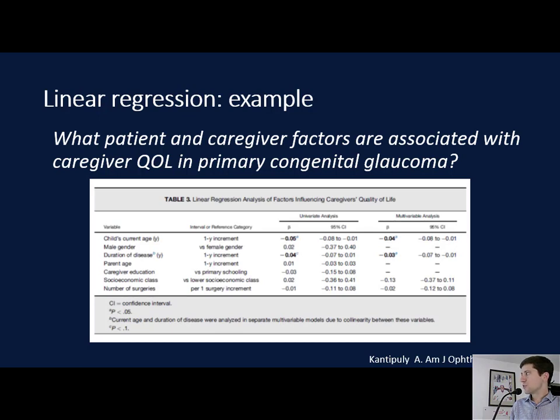And so the way this would be interpreted is that for every 1 year increase in duration of disease of primary congenital glaucoma, we see a 0.04 unit decrease in caregiver quality of life, because the coefficient's negative here. Does that make sense? That's how we would interpret the model in this case. And it's up to you as the clinician to decide whether that's a meaningful amount of decrease in quality of life, or whether that's just a small amount that's probably not meaningful.